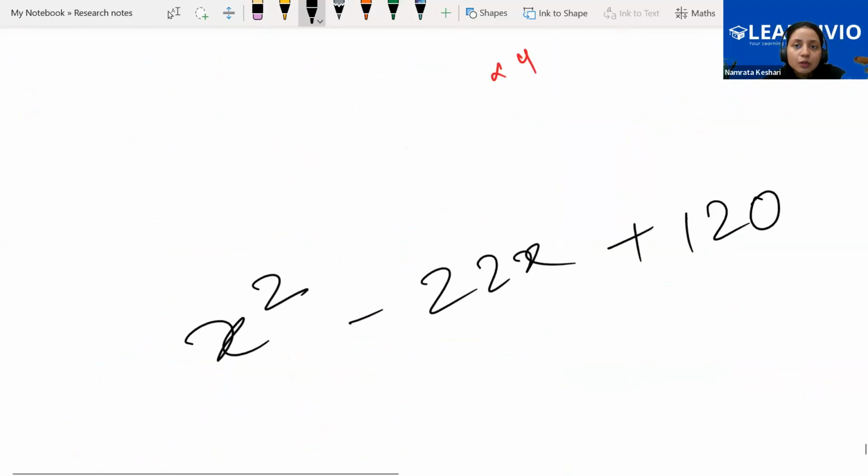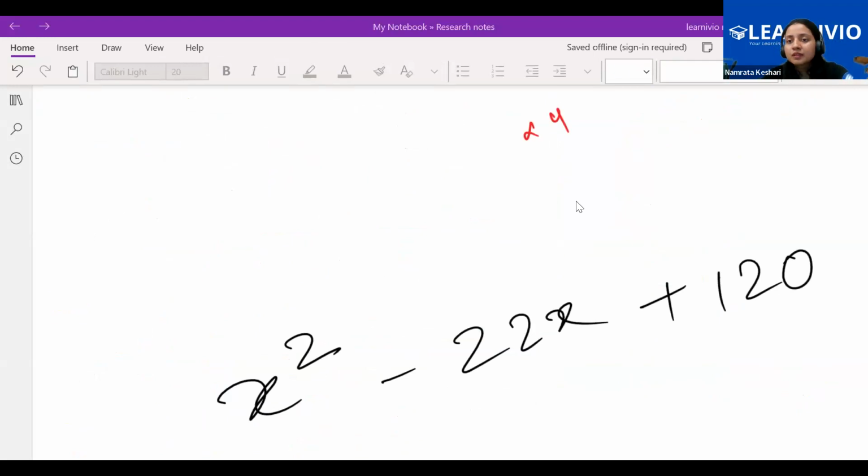Anyone who doesn't know how I got to the same factorized one? Same answer. Okay. Furkan, do you know how to split the middle term here? Ma'am, can you do it for me?